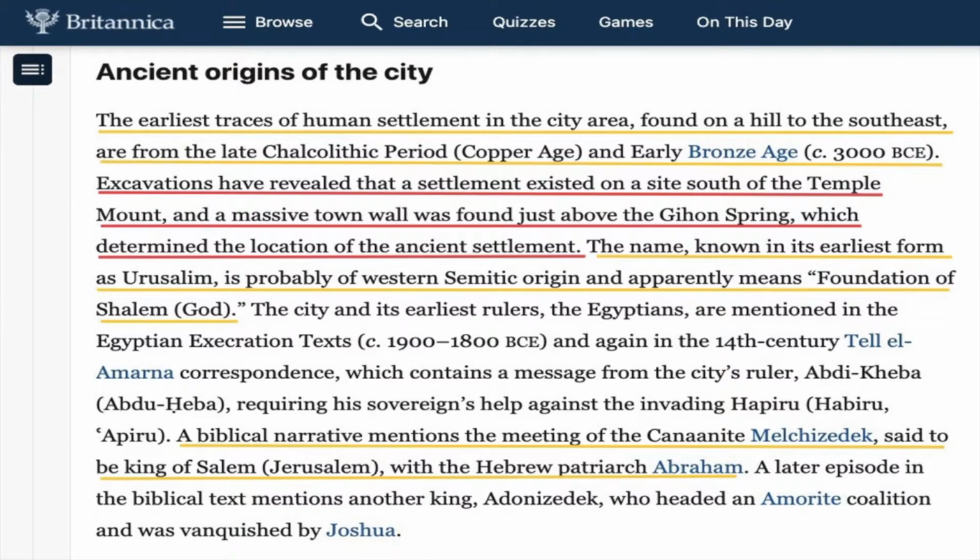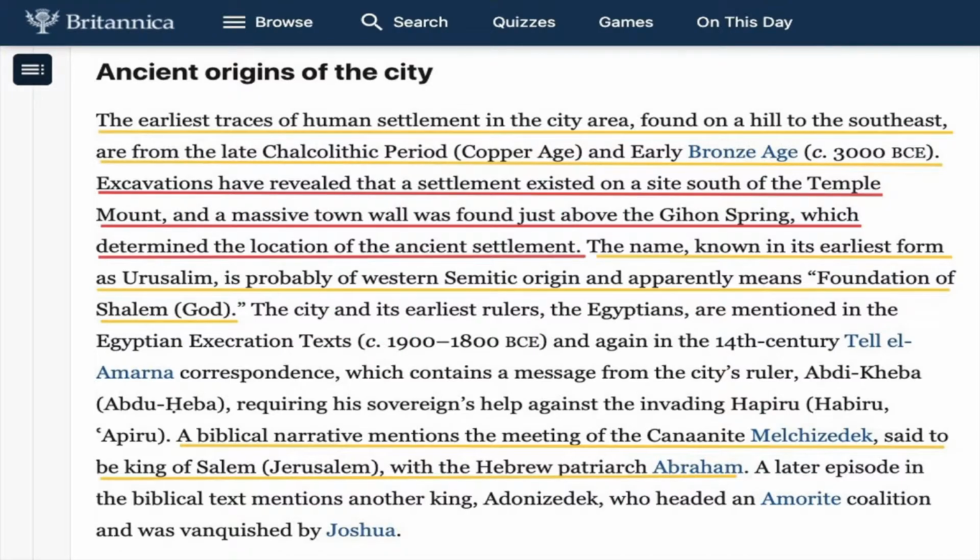Excavations have revealed that a settlement existed on a site south of the Temple Mount, and a massive town wall was found just above the Gihon Spring, which determined the location of the ancient settlement. The name, known in its earliest form as Jerusalem, is probably of Western Semitic origin, and apparently means foundation of Shalom, God.